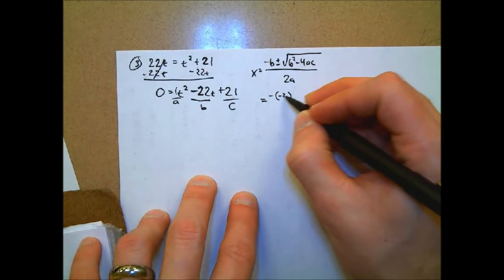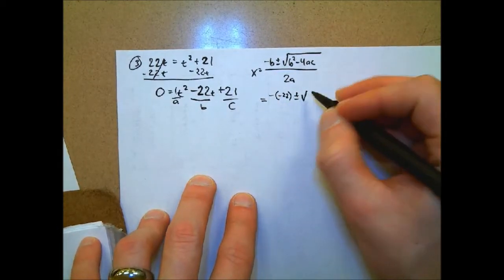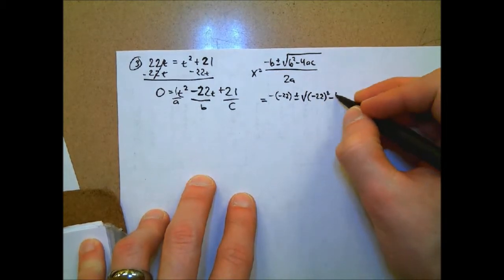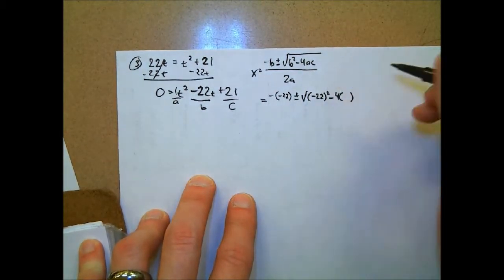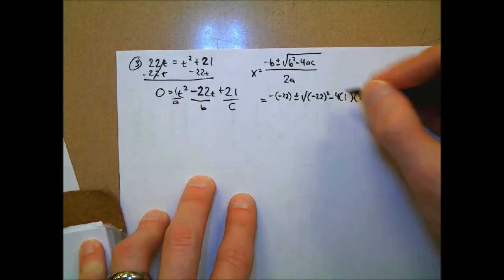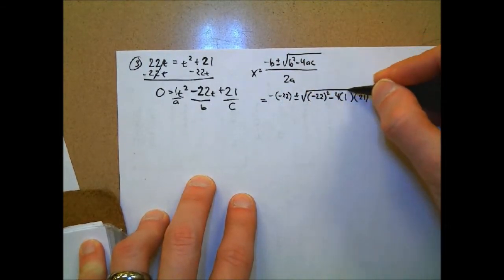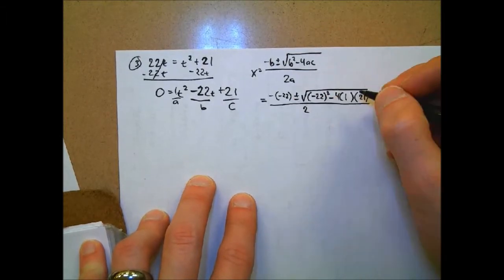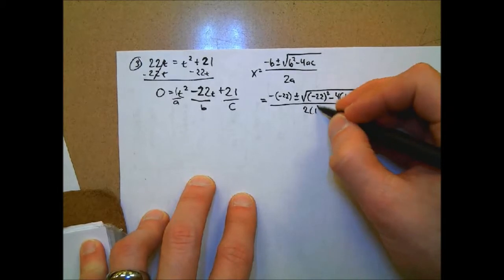Plus or minus the square root of another negative 22 squared minus 4 times, what's our a here again, Max? 1. And what is our c? 21. All over 2 times, and what's our a? 1 again.